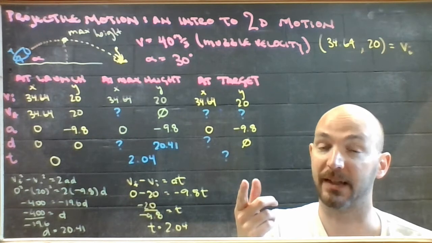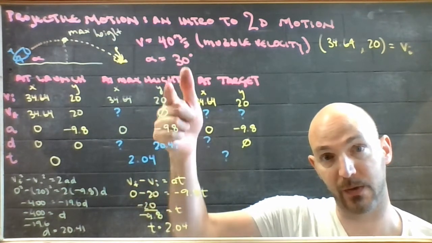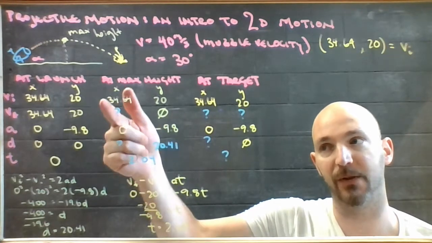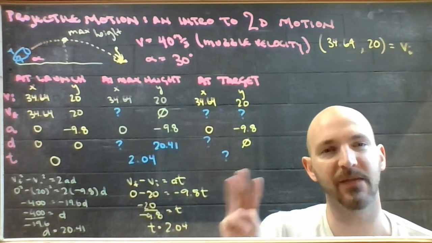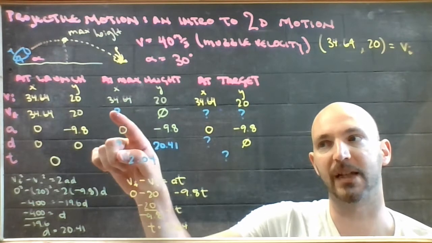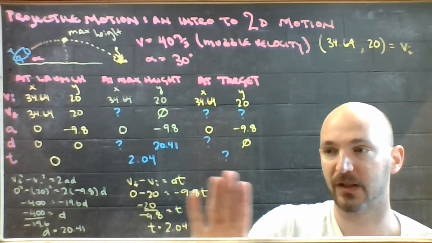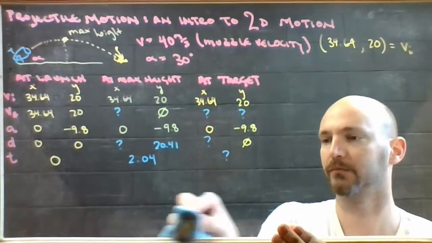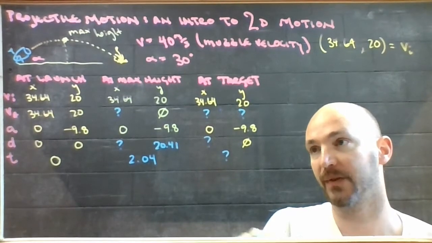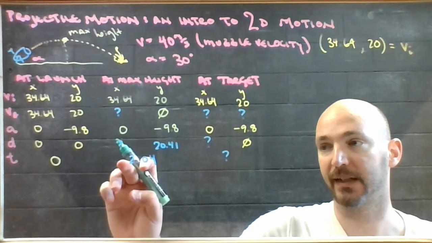Now, an interesting thing has happened. Because I did all this work on the vertical column, I ended up generating 1, 2, 3 numbers in the horizontal column. So that gives me enough information to calculate these 2 numbers that are still missing. So I'm going to clean this off, and then we're going to finish up this column here. All right, so I have an initial speed, an acceleration, and a time.